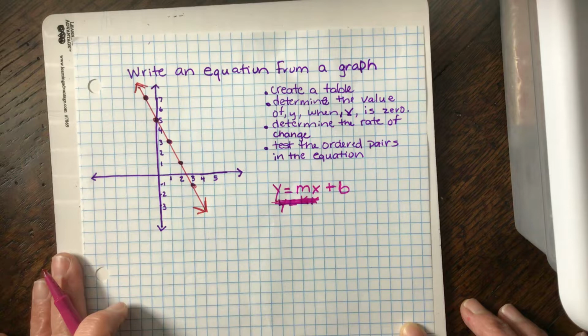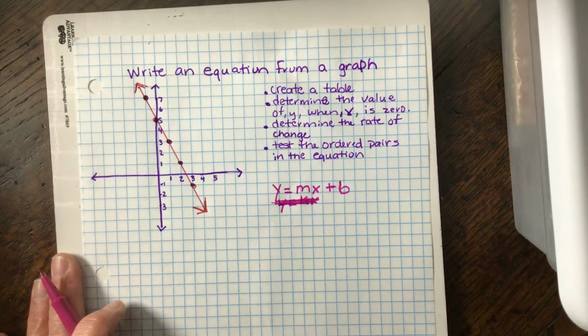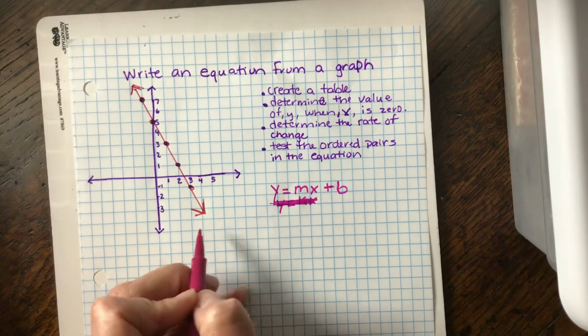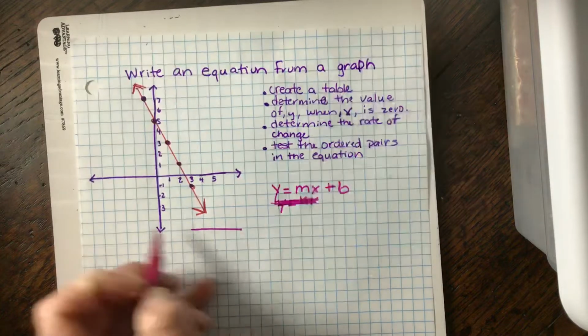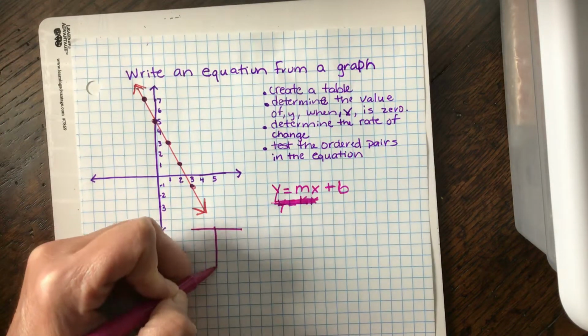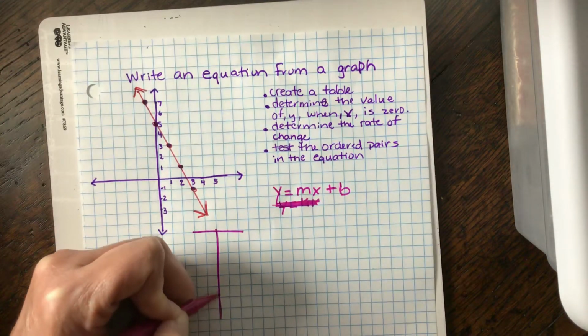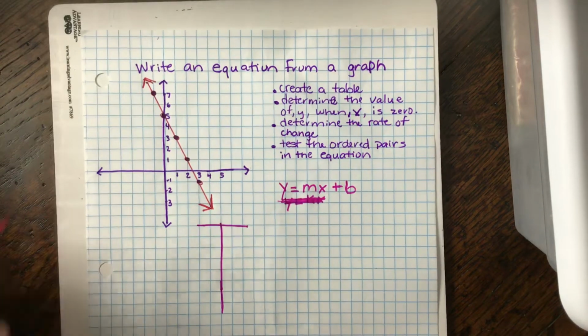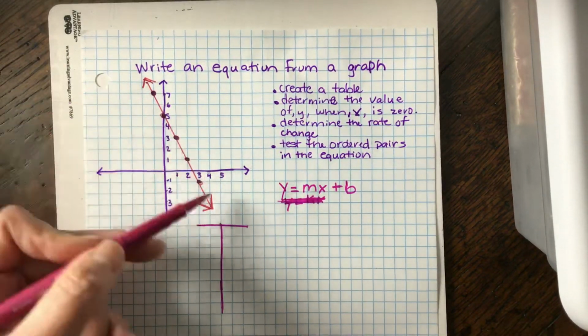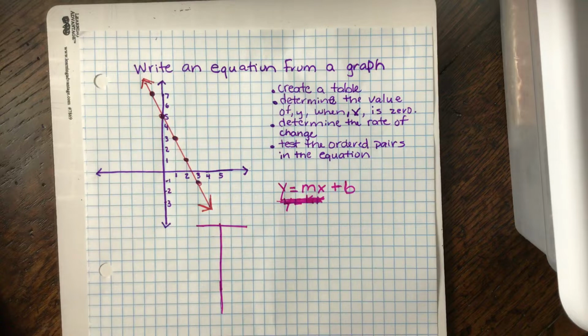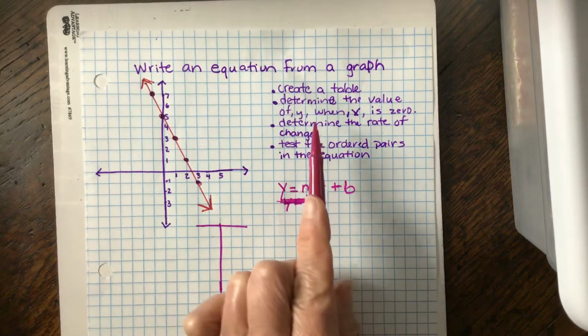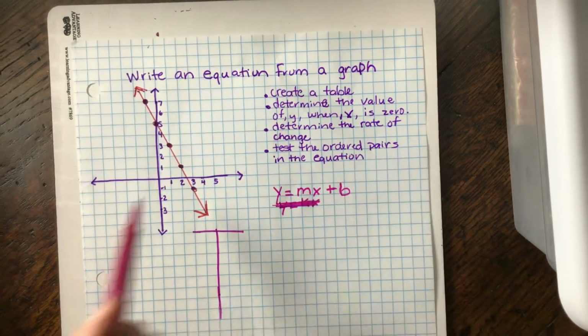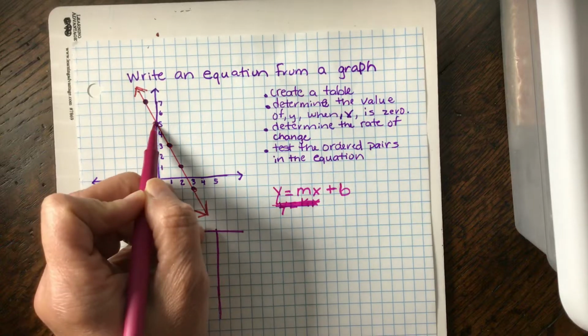First we're going to create a table, and to create the table I'm just going to pull out these points. It says determine the value of y when x is 0. So when x is 0, y is 5.